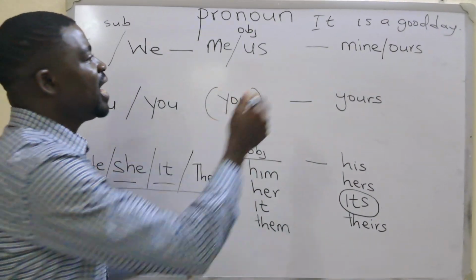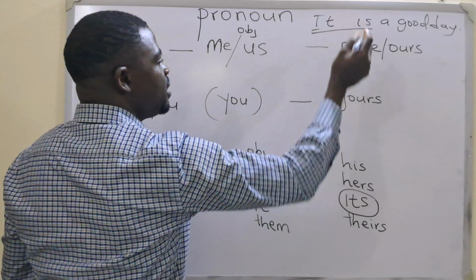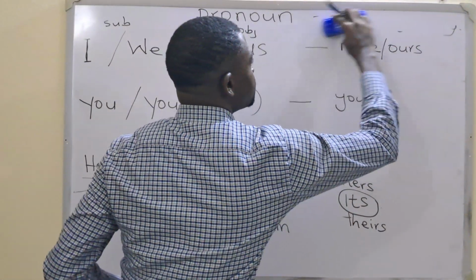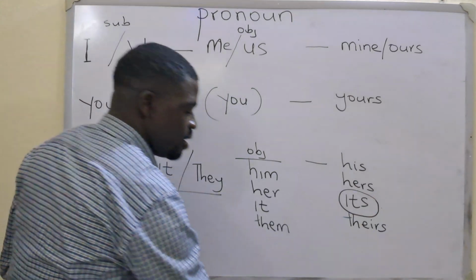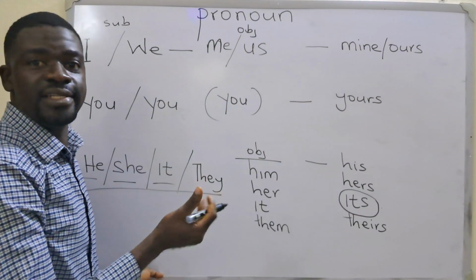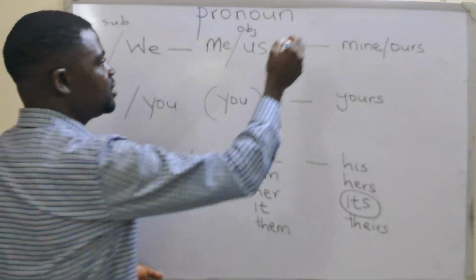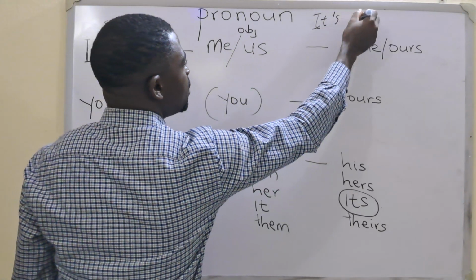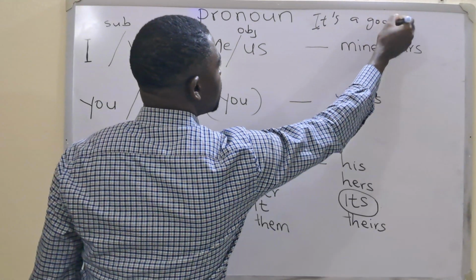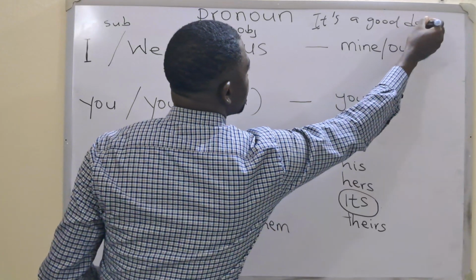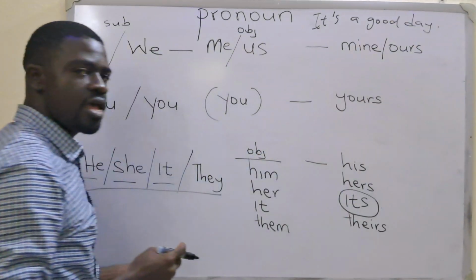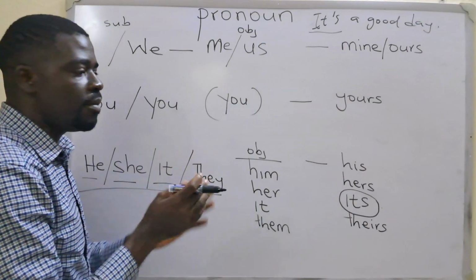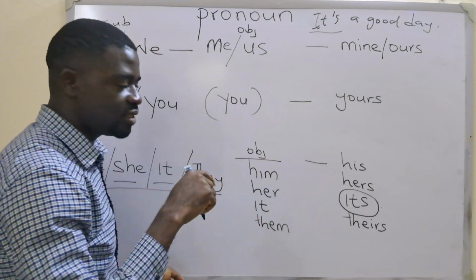And you don't want to write this one in full, then you can contract the two words, especially in informal writing or informal speech. You can say, it's a good day. It's a good day. So this one shows the contracted form of it is.